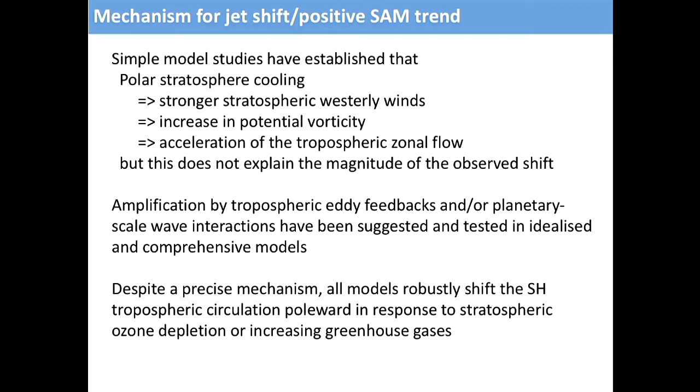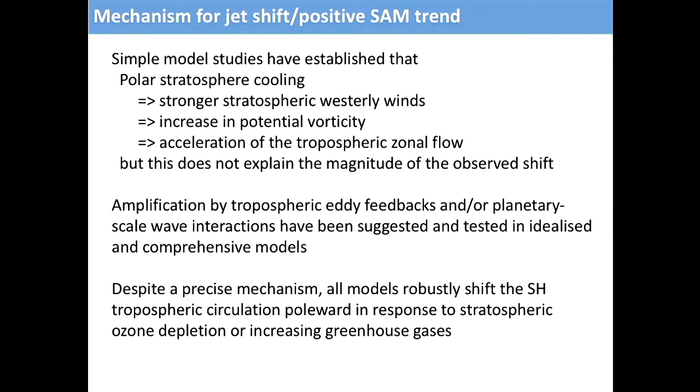There's also potential amplification from the tropospheric eddy feedbacks, and they've been tested in these idealized and comprehensive models, but there's no real settled mechanism for why we think this extratropical variability would change due to external forcing.